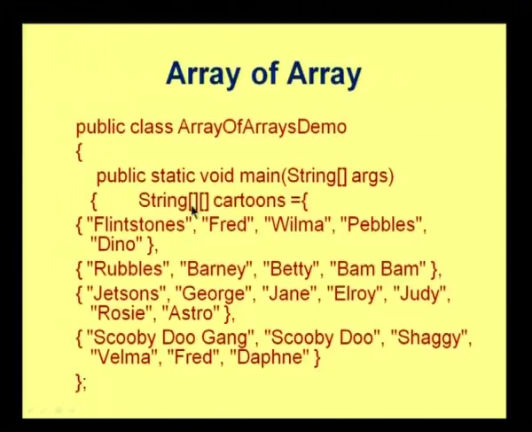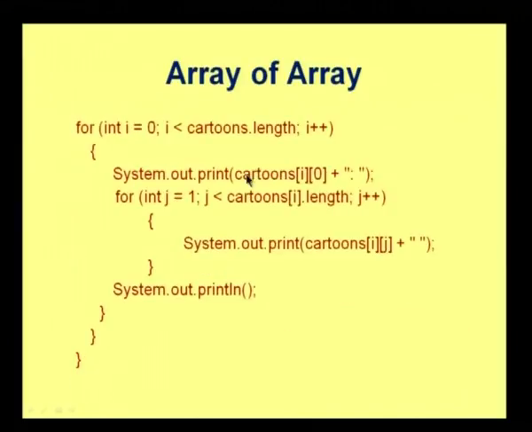In this 2-dimensional array, whenever I specify cartoons of 0, 0, the first element of the first array will be taken into consideration, whereas if I give 0, 1, the first array's second value will be considered. So similarly, we can access all these arrays. You can see that this i value here is 0 initially, so 0, 0 will be taken into consideration.